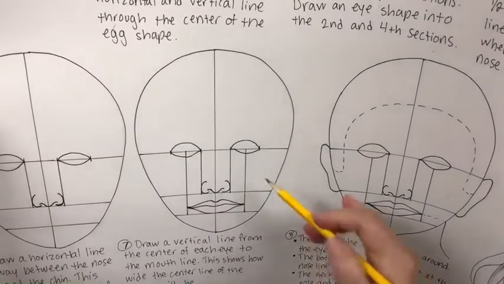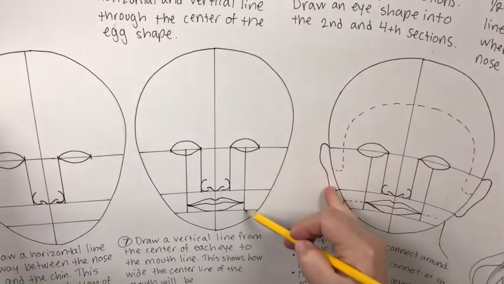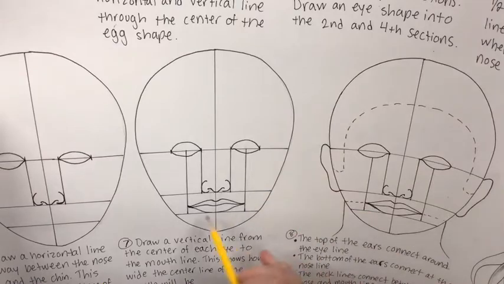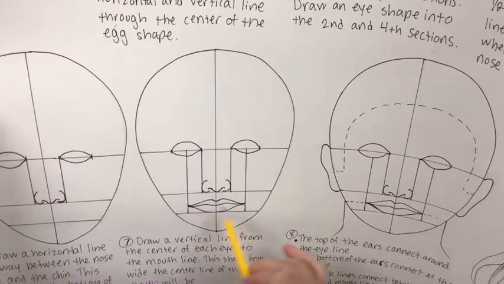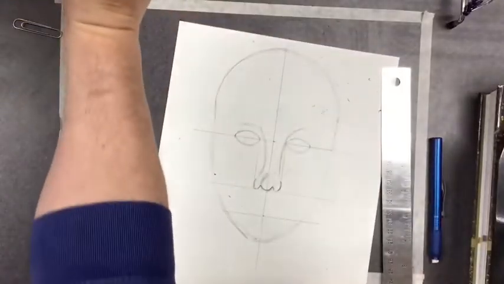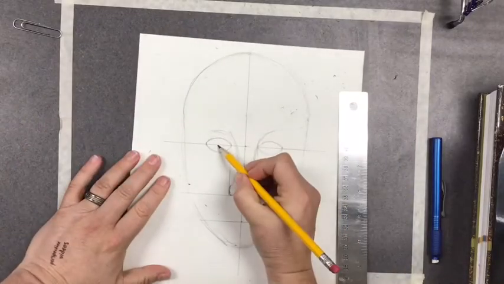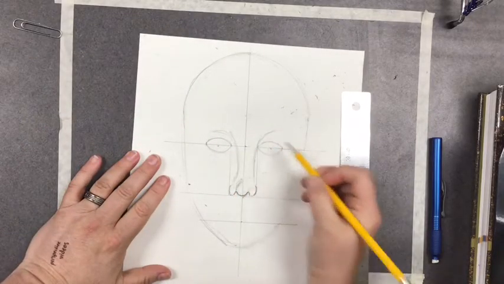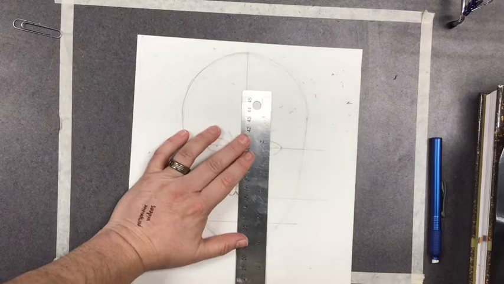We're then going to drop a vertical line from the middle of the eye down to that mouth line we just made, and that's going to show us where the corners of the mouth end. So if I put a dot in the center of each eye, that can help me.